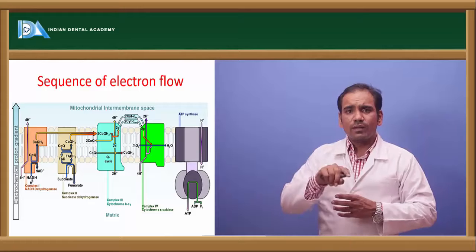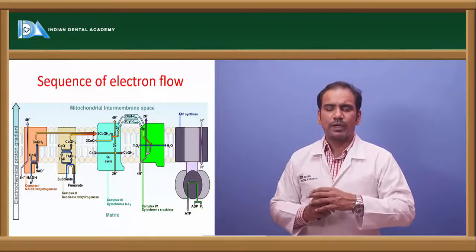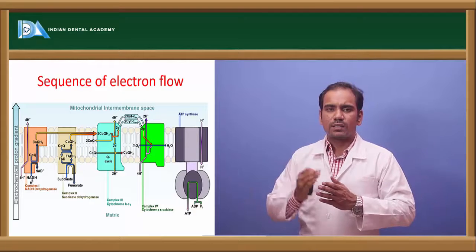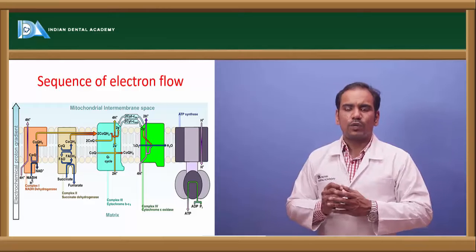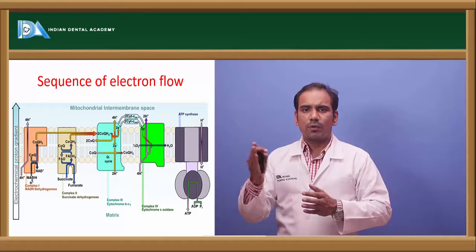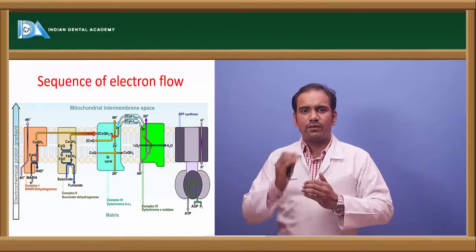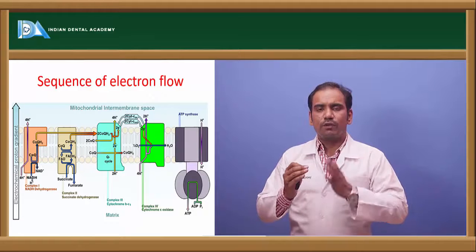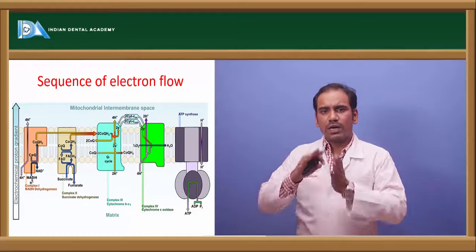But they can be pumped into the intermembrane space through proton channels like complex 1, 3 and complex 4 proton pumps, but they cannot re-enter into the matrix through these proton pumps. But the site of entry is different. So they enter into the intermembrane space in one way, and they re-enter into the matrix through another way.